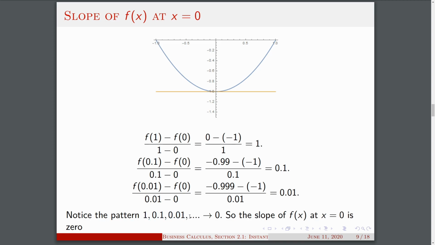They're also getting closer to 0. The slopes are getting closer to 0. So the slope at that point is 0 because we notice the pattern. The pattern is going to 0.